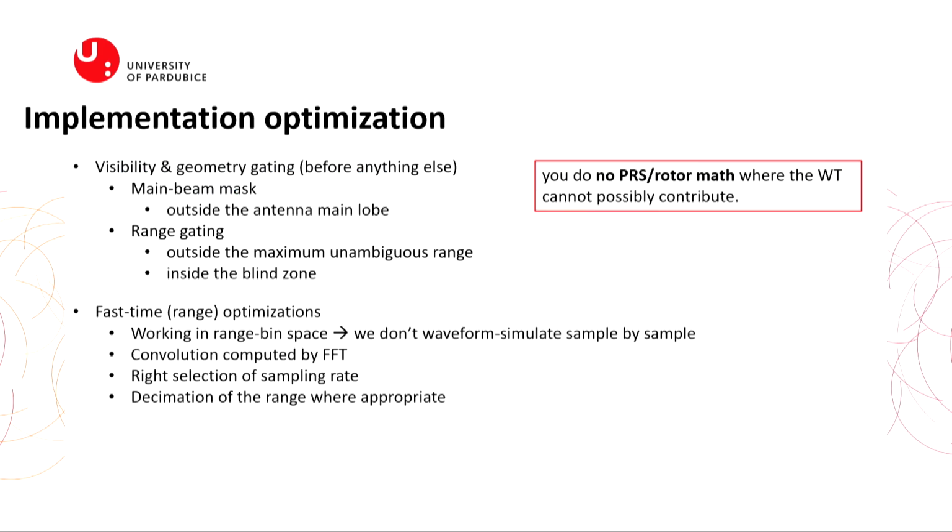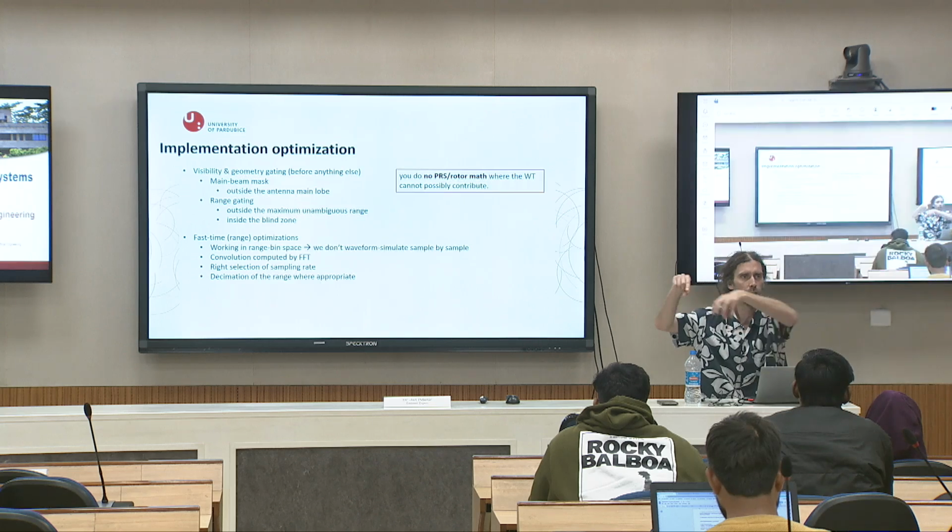And which kind of optimization are we doing? It is visibility and geometry gating. And this we will do first, before anything else, as is written. Why? If in my resolution cell there is no wind turbine, just ignore this place. Just don't take it. So what are we doing first? We have a matrix where each cell is one resolution cell.